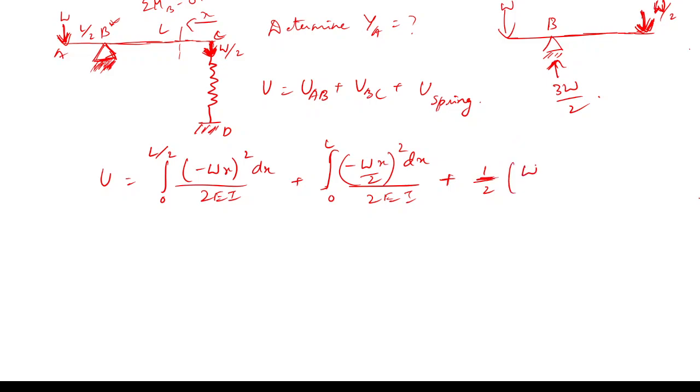The load F is W by 2 into delta. Delta I can write as again W by K, which is the stiffness of the spring. W by 2K. Yes, load divided by the stiffness.